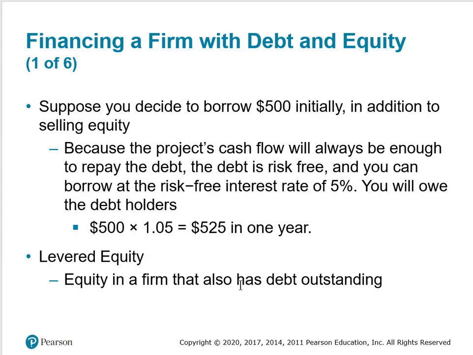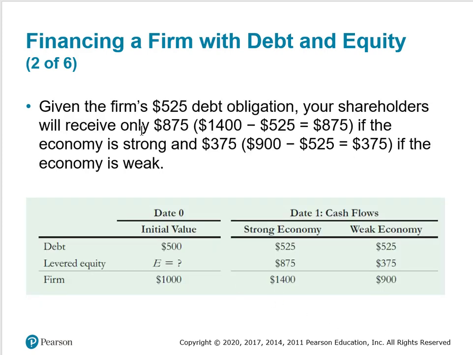Let's talk about what this borrowing does to the firm. Given the $525, here's the cash flow that we receive. Solving for the missing part, 1,400 minus 525 is 875.